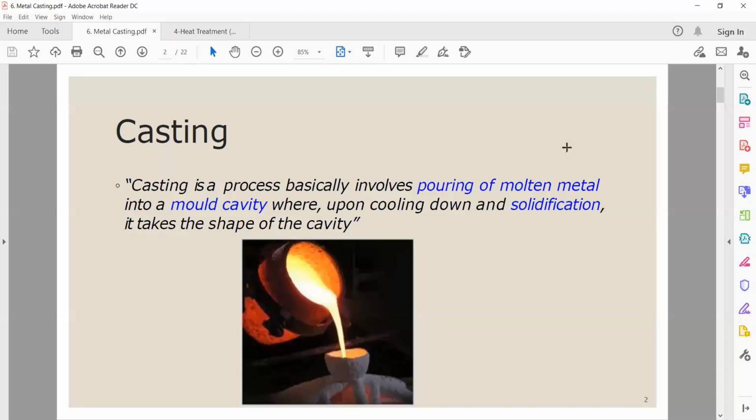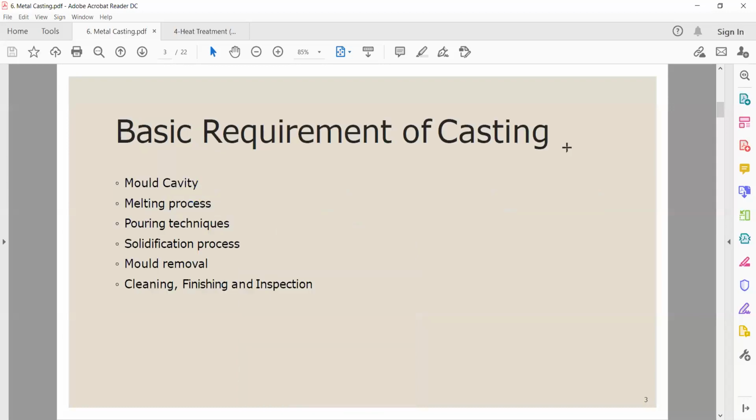And other thing, what are the basic requirements you have to have, or have to consider, when you are doing the casting process, right? One thing, if you need to do the casting process, you have to have a mold, right? Other thing, you have to have the liquid form of your metal, that means molten metal.